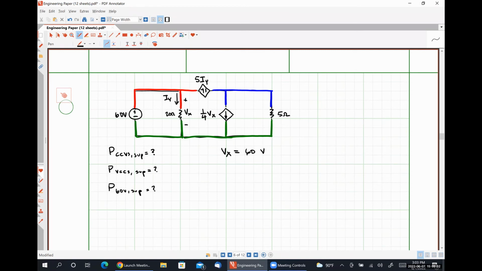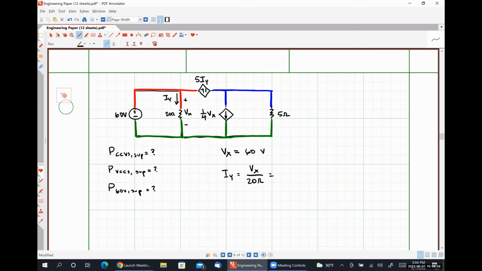Yes. All right. So since I know the voltage drop over my 20 ohm resistor, I would argue that I can figure out what IY is now just using Ohm's law. So IY would be Vx divided by 20 ohms.